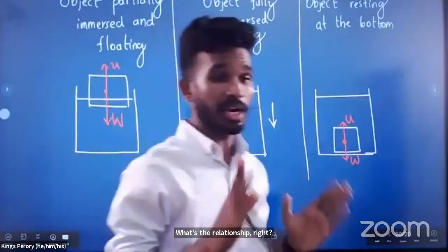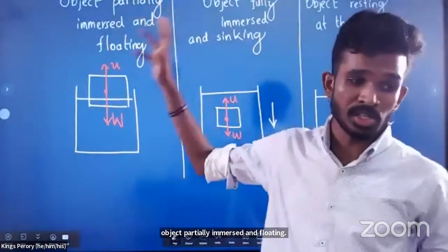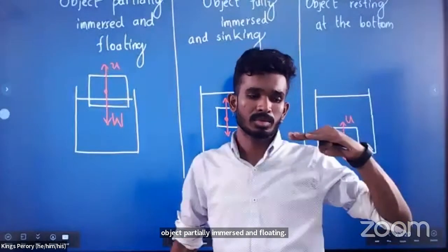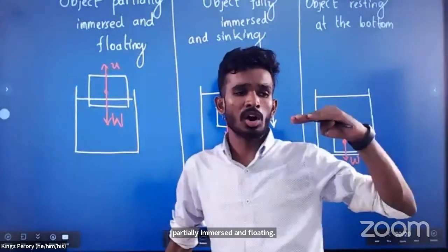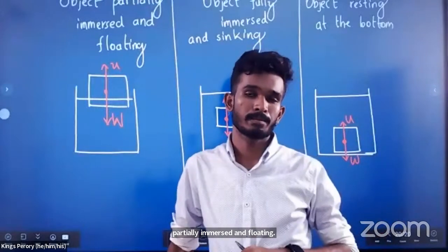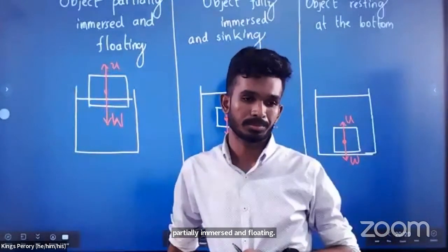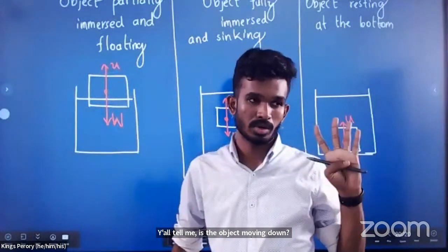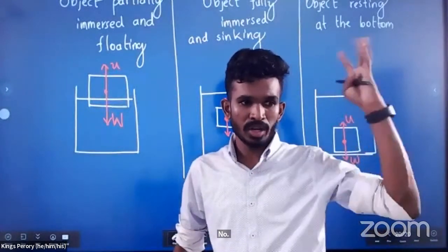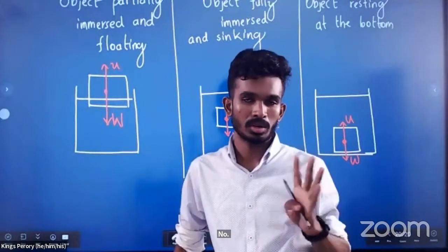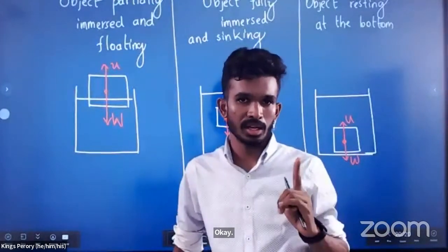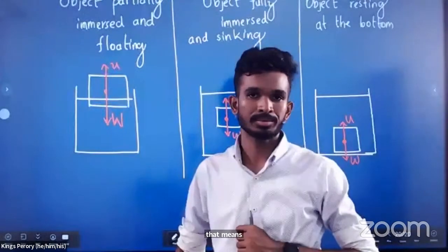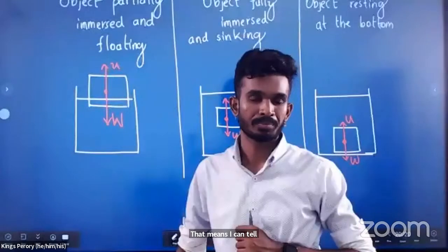Now listen, now y'all are going to tell me. Is the object moving down? No. Is the object moving up? No, sir. That means I can tell the object is at equilibrium. Agree? Yes, sir.